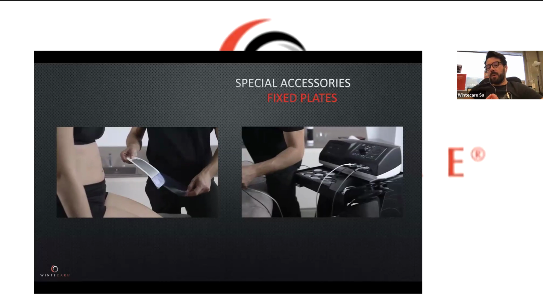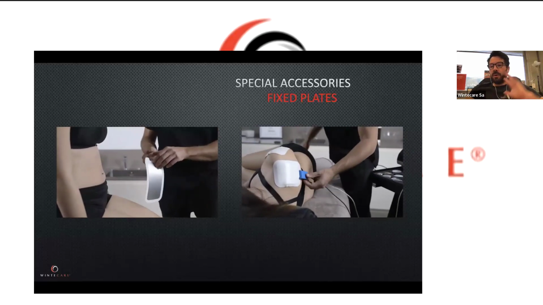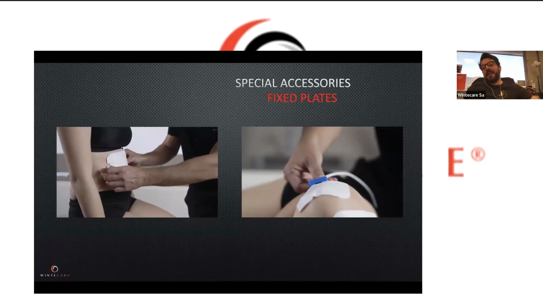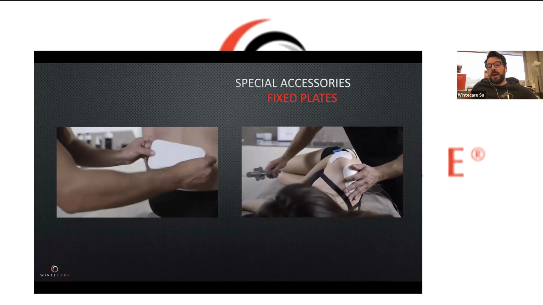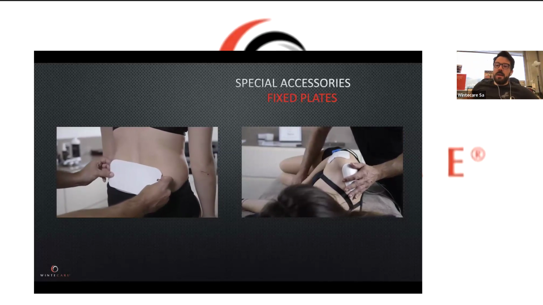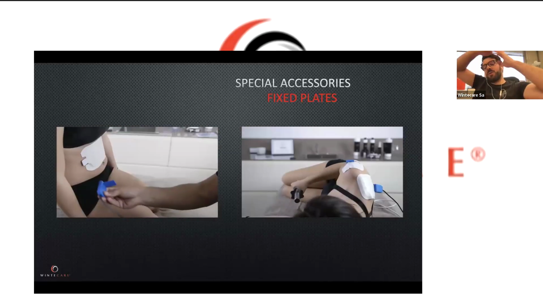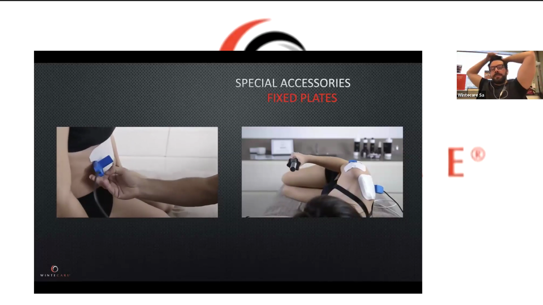Some video examples about the application. So you stick the pad on the skin, you define the geometry, and then you use a good exercise to exploit the energy transfer. So the combination of the two is very good.